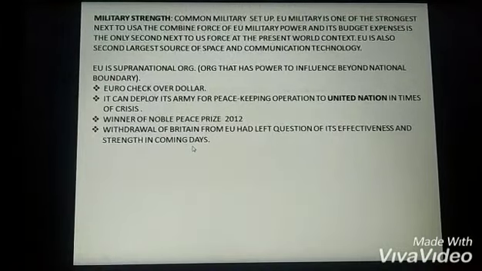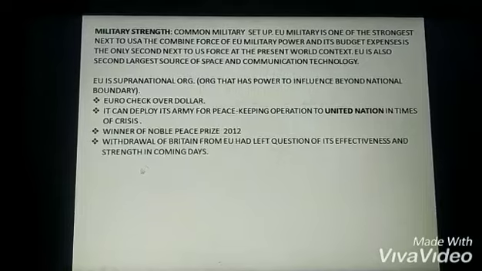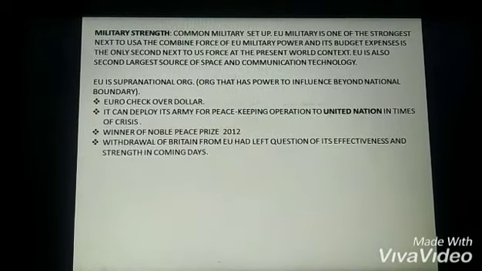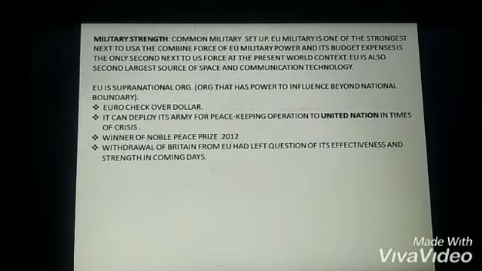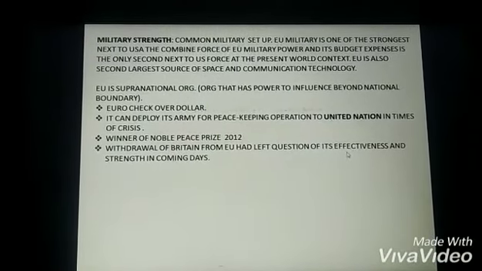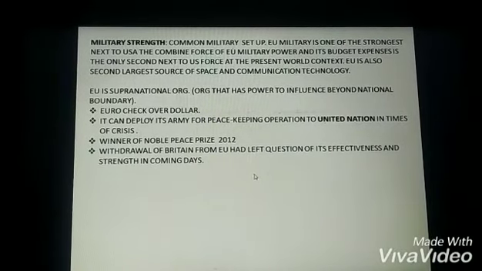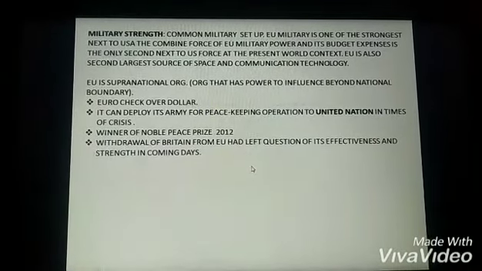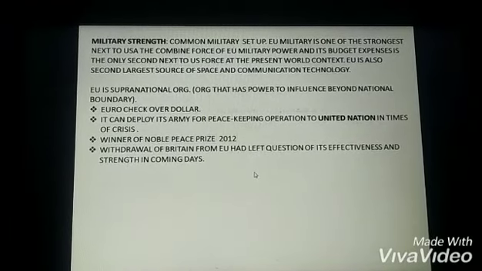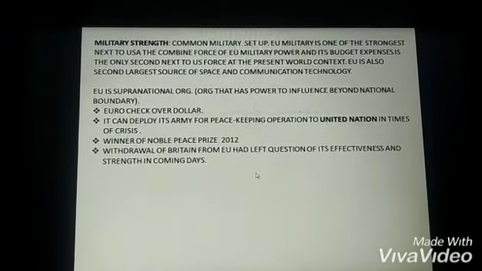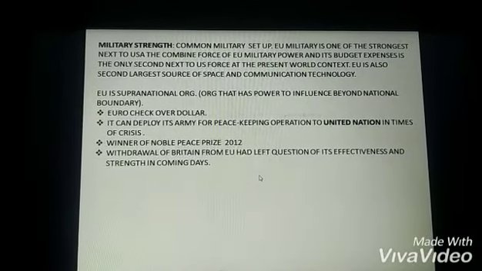However, Britain planned to exit from the EU, so it has left a caution in the minds of the people whether EU will have the same impact and effectiveness on the world as an alternative center of economic and political power, like when Britain was its member. So that is the question we have in hand for this EU.